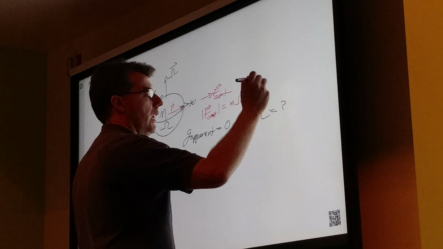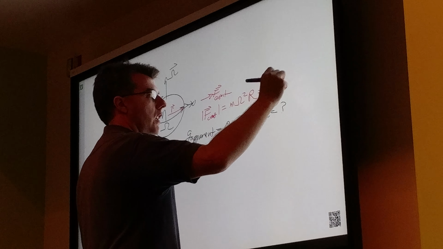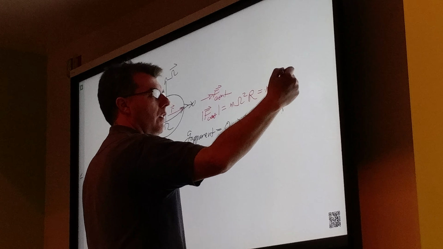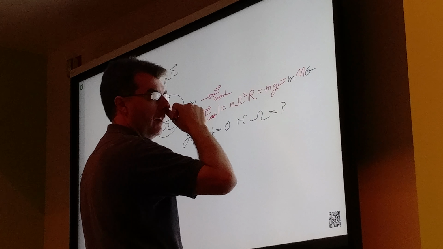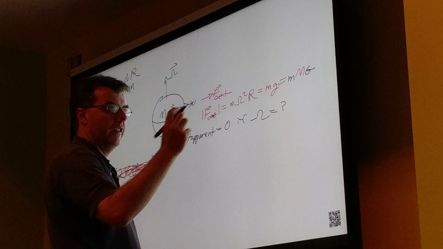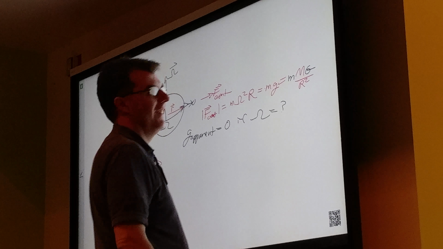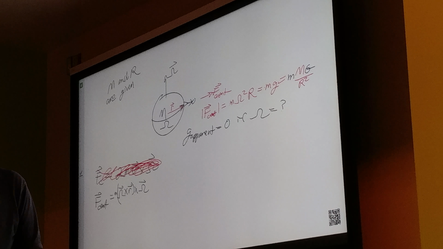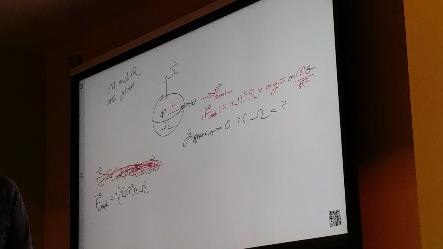And that is equal to mg, or little m times big G. I have no idea why half of the letters are coming out red. Right? Anybody disagree with what I just wrote there?